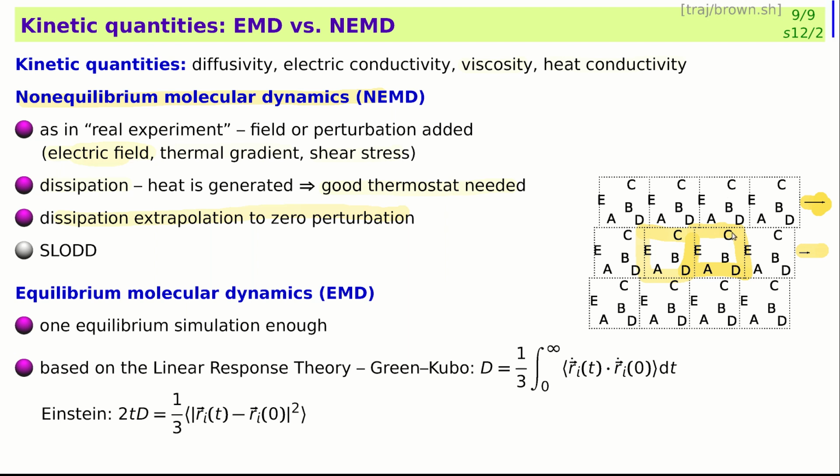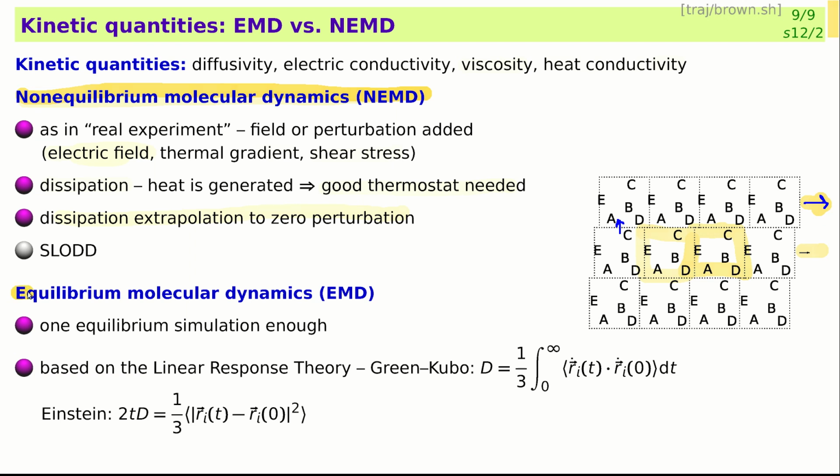So when a particle crosses this boundary, I add a velocity in this direction to this particle, and I measure the so-called pressure tensor or stress tensor, and from this I get the viscosity. So this is one part of methods that I believe are quite understandable because it's close to the real experiment.